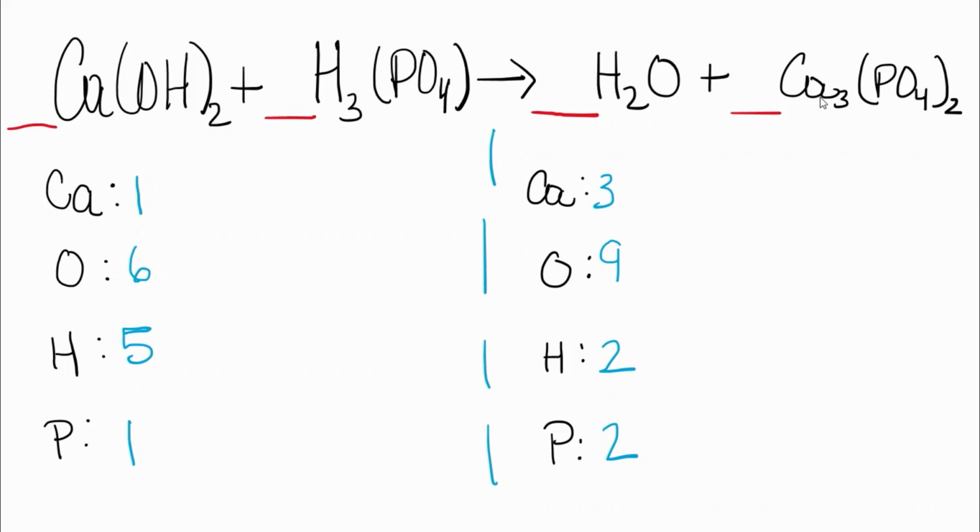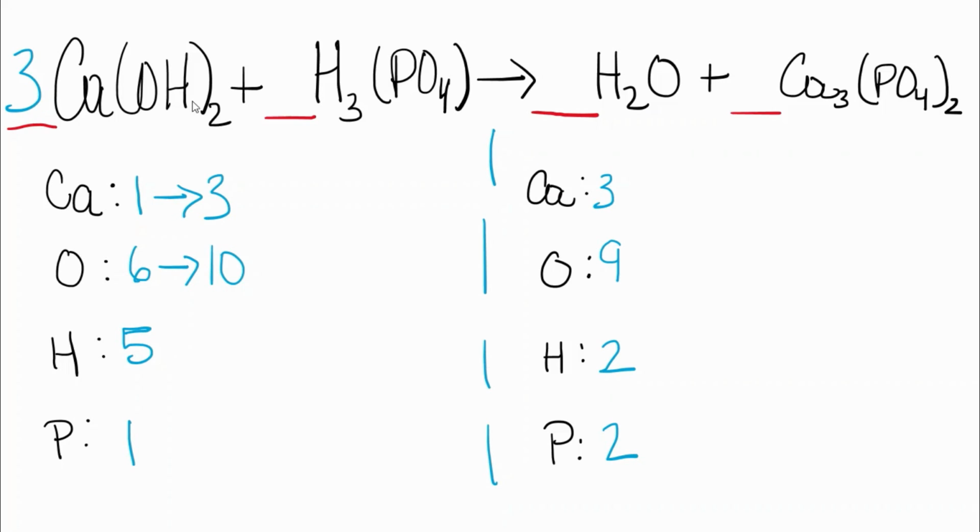So let's do that, right? So you have 3 calciums on the product side. So let's just put a 3 here, and now we'll have 3 calciums, right? So that will change the number of oxygens and hydrogens we have. So here we'll now have 2 oxygens times 3, which is going to be 6, plus the 4 we already had, which is going to be 10 total.